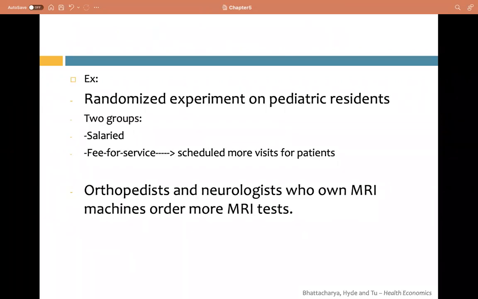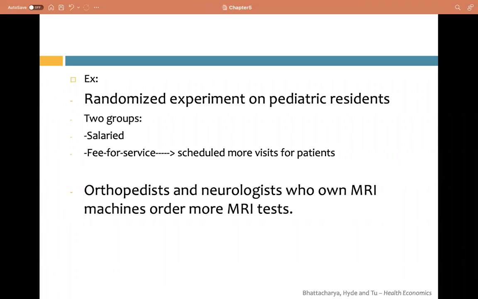Okay, so here you go, a randomized control trial again. There are two groups, control and treatment. Think of the salaried one as control, versus the fee-for-service as the treatment group.